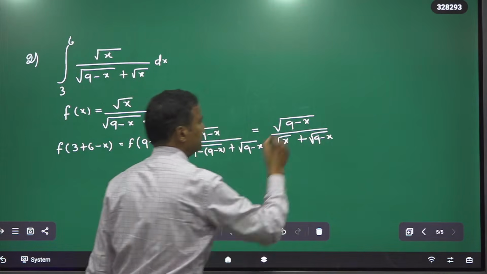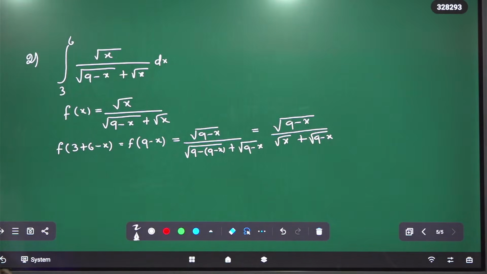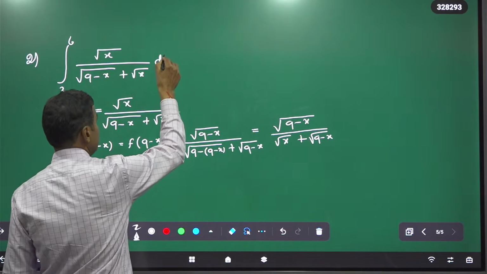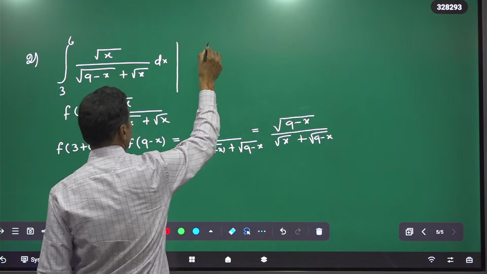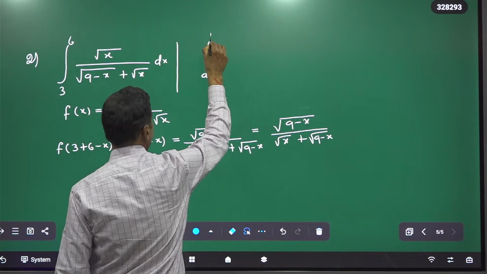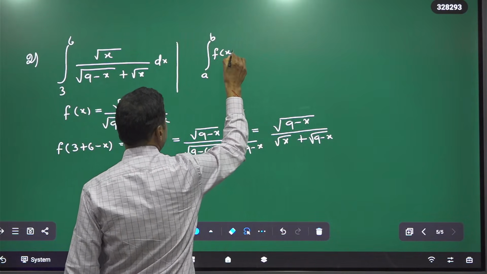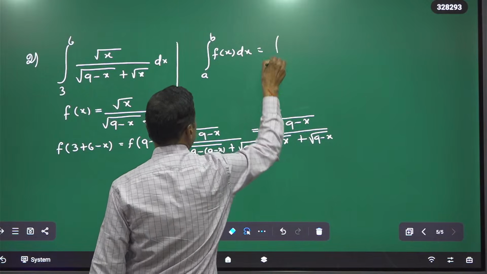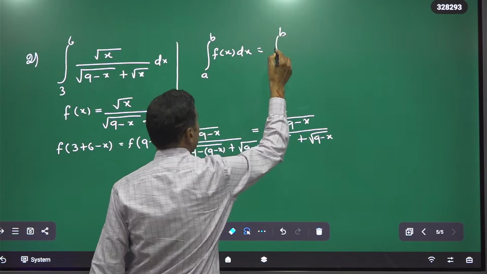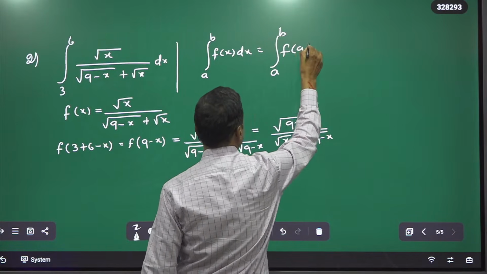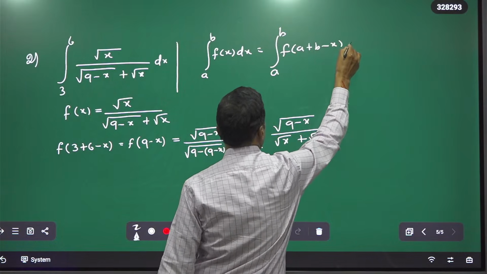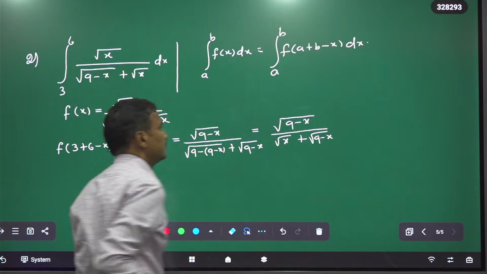That is f of a plus b minus x. Because here we have to do this problem by using the property, integral of a to b f of x dx is equal to integral of a to b f of a plus b minus x dx.